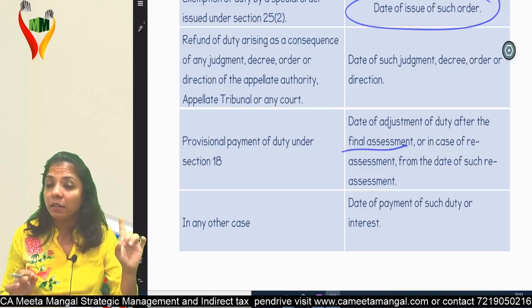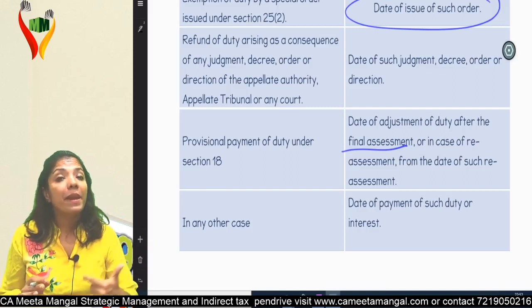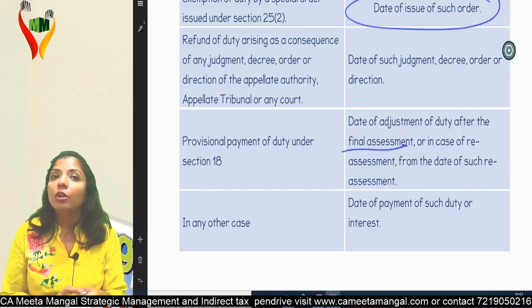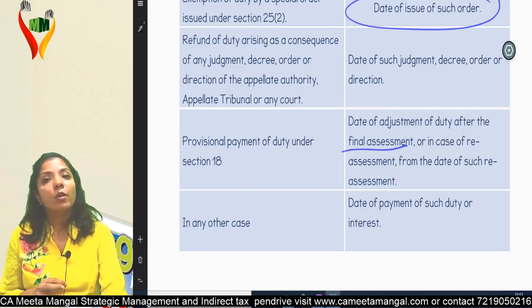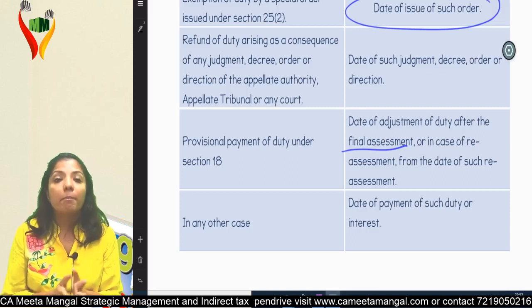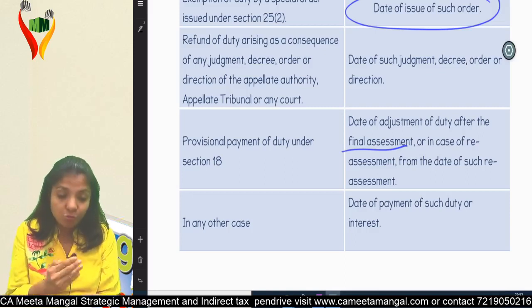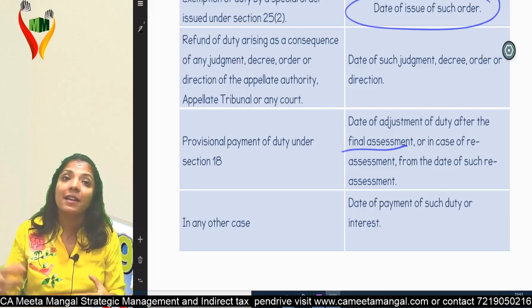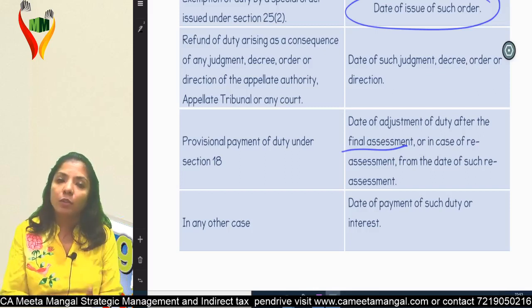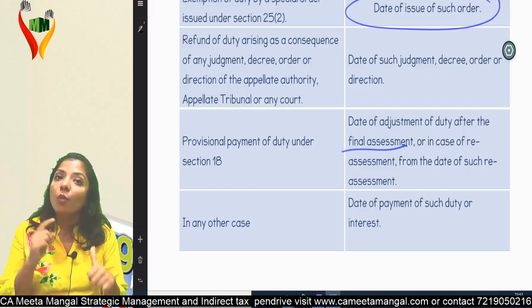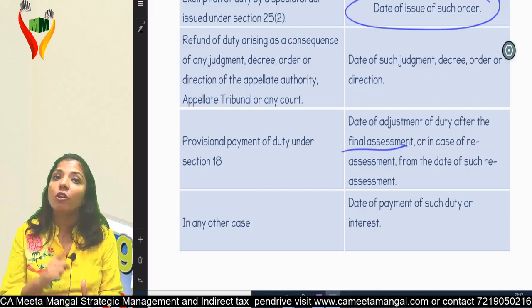Let's revise till here. Refund is what? If you pay tax in excess. Second, normally you don't get the refund. The refund will go to the Consumer Welfare Fund in case of indirect tax. But if you're able to prove that it was you who had borne the tax and it has actually gone from your pocket, then only you get the refund. For refund you need to make an application within 1 year from the date of payment of duty.